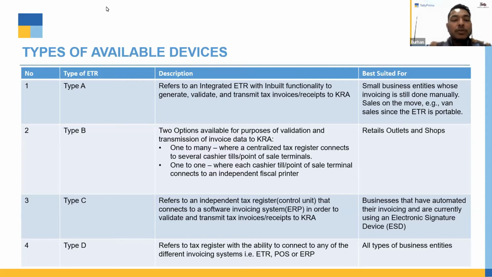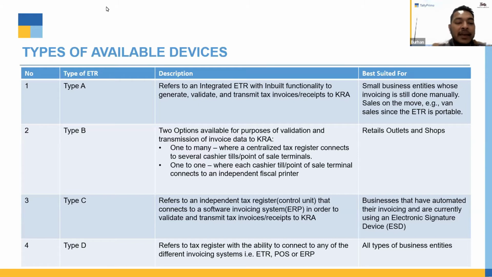Type B has two options for purposes of validation and transmission of invoice data to KRA. One-to-many, where a centralized tax register connects to several cashier points and point of sale terminals. And one-to-one, where each cashier or point of sale terminal connects to an independent fiscal printer. It's best suited for retail outlets and shops.